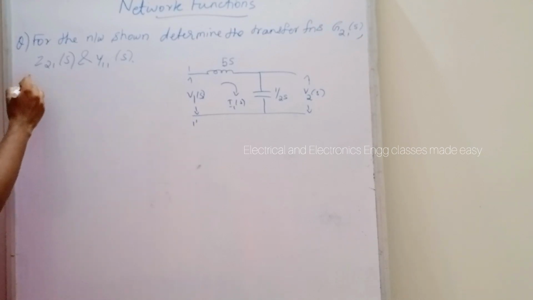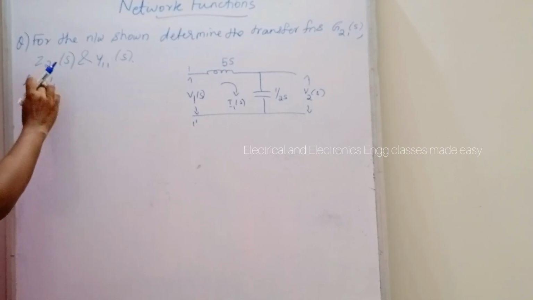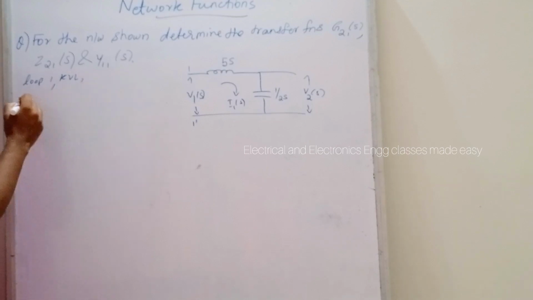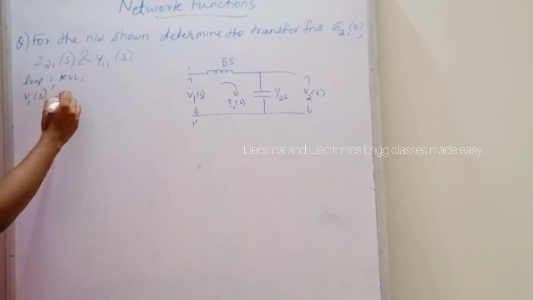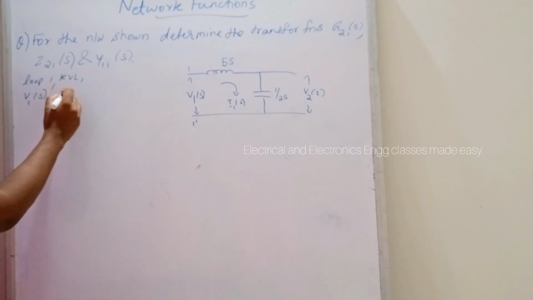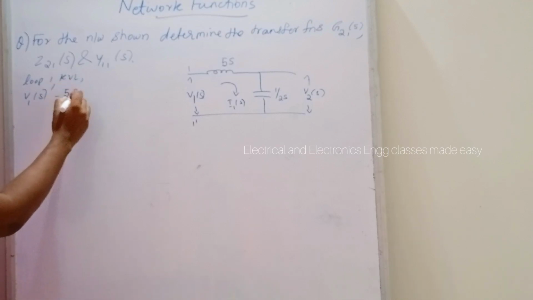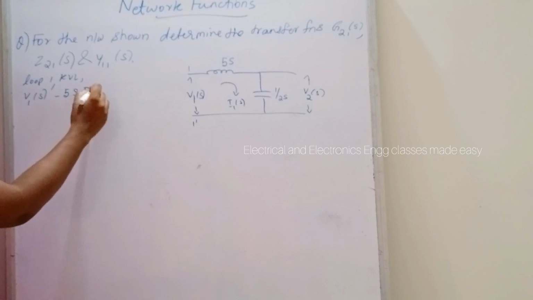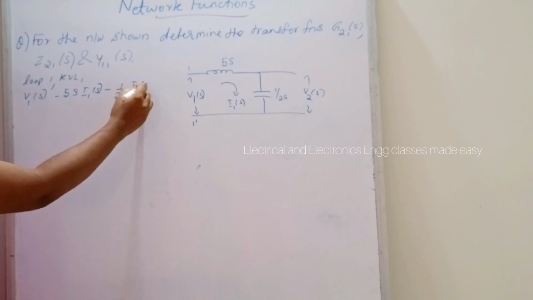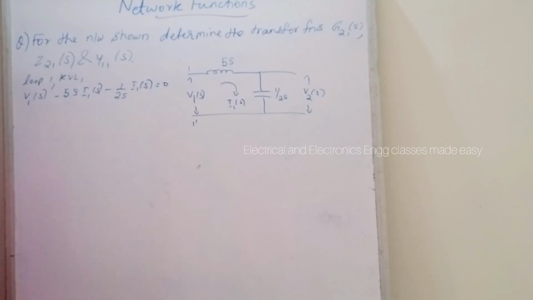So for the loop 1, applying KVL, we will get V1 of S minus 5s into I1 of S, then minus 1 by 2s into I1 of S equal to 0.